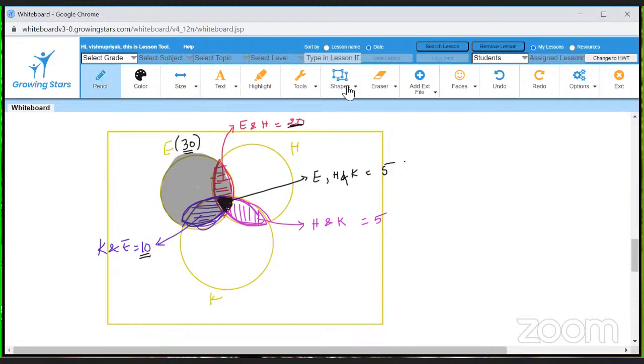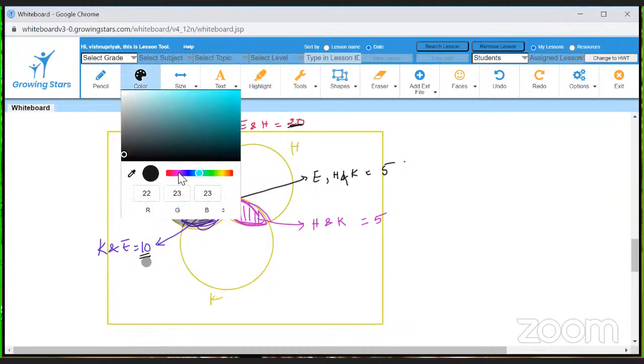Okay, I'll take 35 to avoid confusion. Total English 35. But out of these, 20 speak English as well as Hindi, and 10 speak English and Kannada.